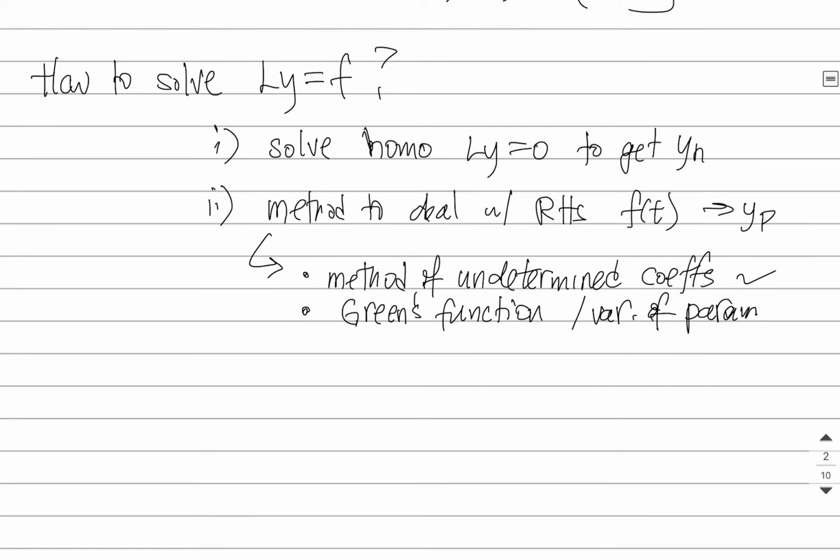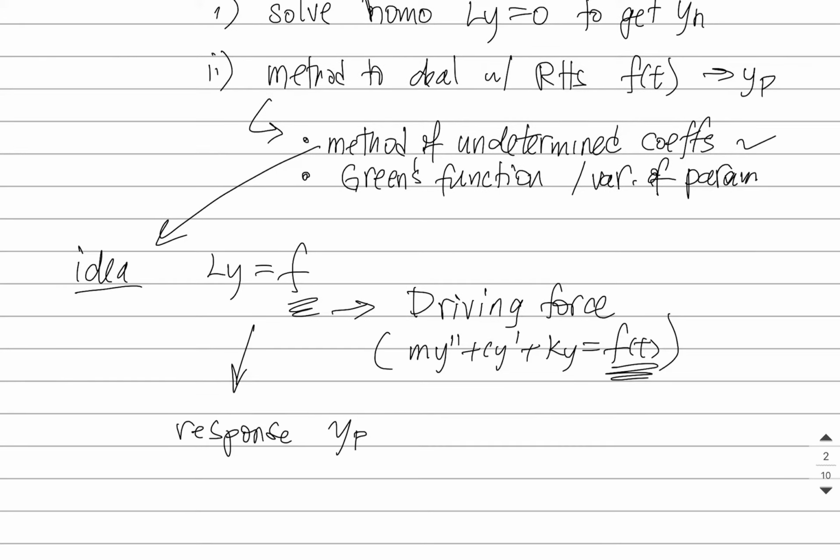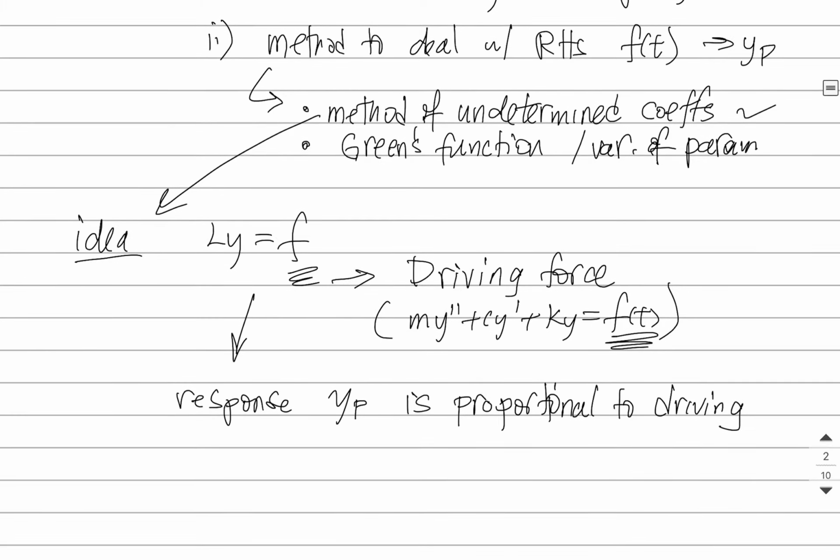In undetermined coefficients, there's a basic idea. If I give you a non-homogeneous differential equation, there is some right-hand side that we're going to call a driving force. The particular solution is kind of like the response of the system. We're going to say that it's proportional to the driving force. So if you drive it with a constant force, it's going to respond with a constant.